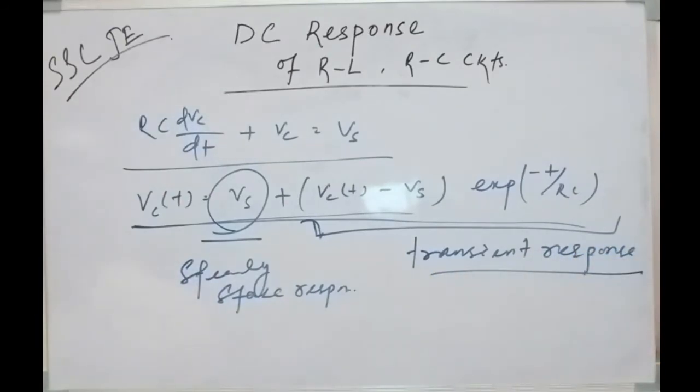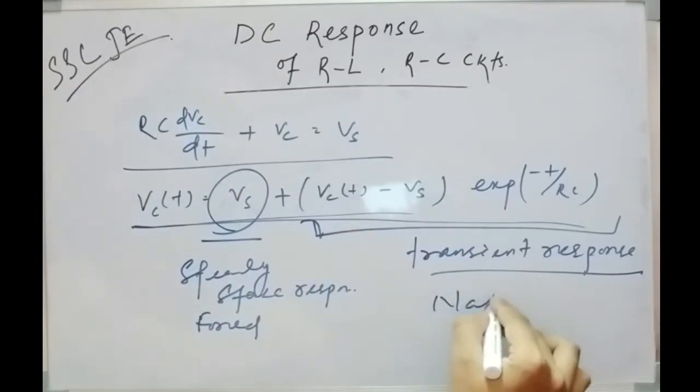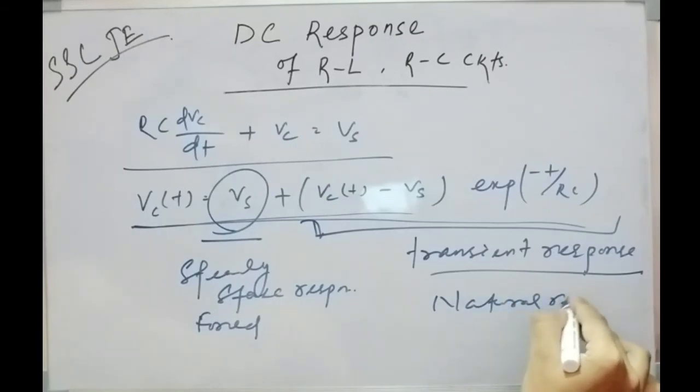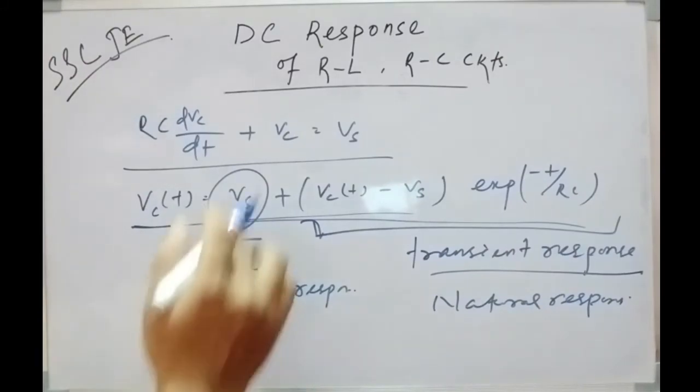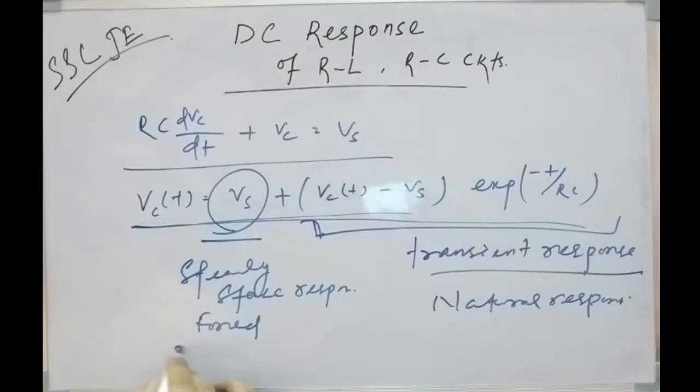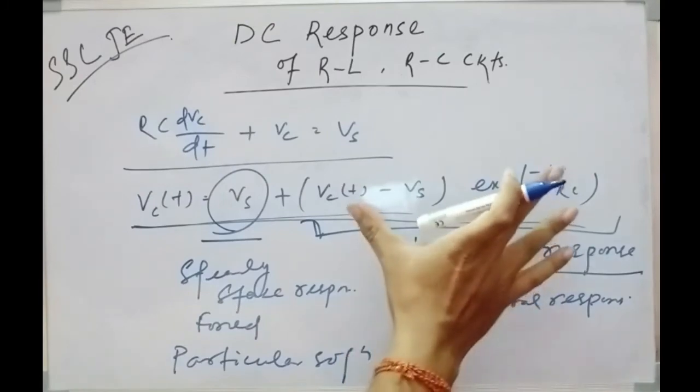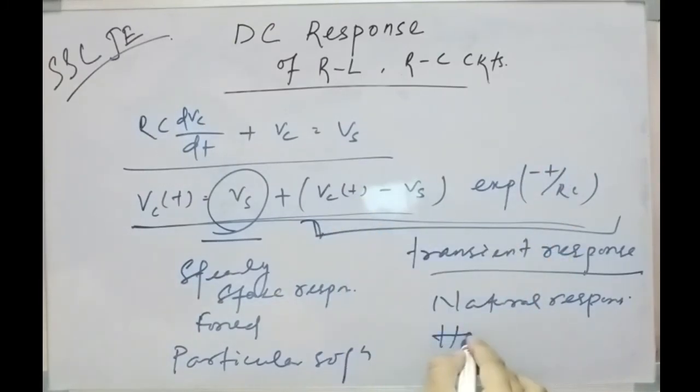In other terms, you can say this one is a forced response and this one is a natural response. Or in mathematical terms, you might know that this is a particular solution and this part is your homogeneous solution. Got it?